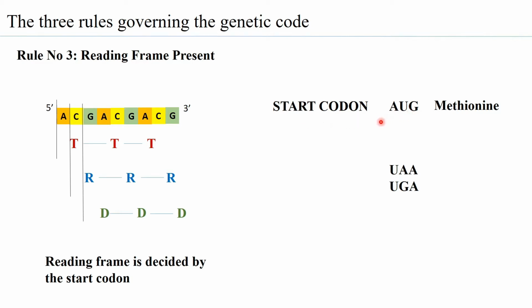So you cannot say that the start codon is universal, but you can definitely say it is nearly universal. And then we come to the stop codons. There are 3 codons which are acting as stop codons. Now, none of these codons are going to code for any amino acid.